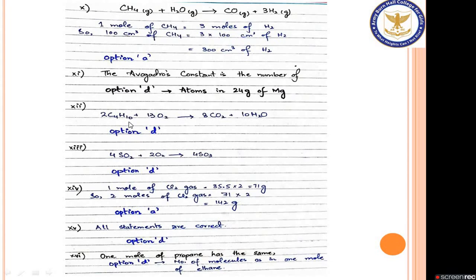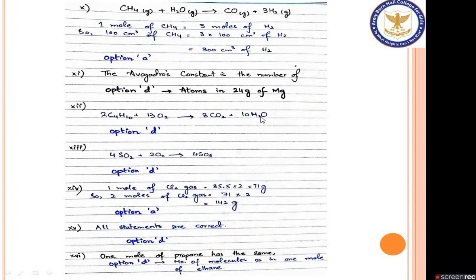The 12th one: how many moles of oxygen are needed for the complete combustion of 2 moles of butane? For this you have to write the chemical equation. The formula for butane is C4H10, and it burns with oxygen. When butane burns with oxygen, we have the formation of carbon dioxide plus water.